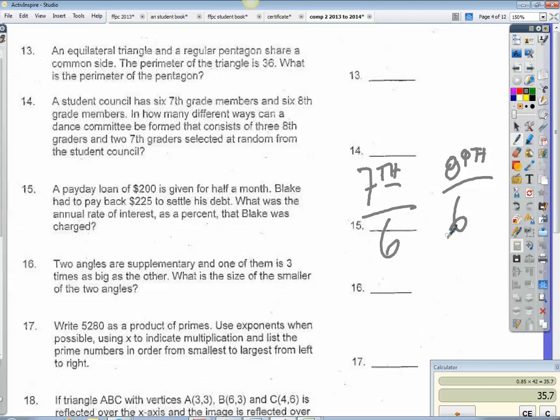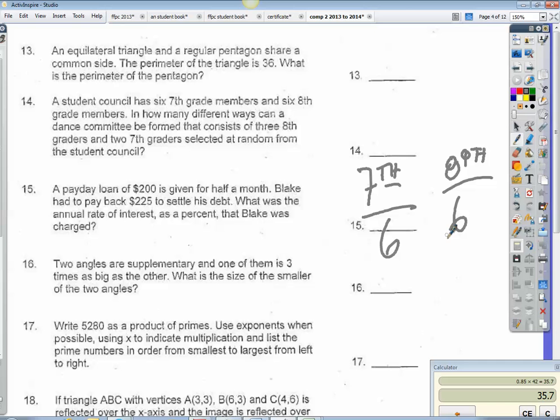All right, so here's the thing. I wish I could say this is a straight combination, but it's not, because we are only getting 2 7th graders and 3 8th graders, right? So things are a little bit different.